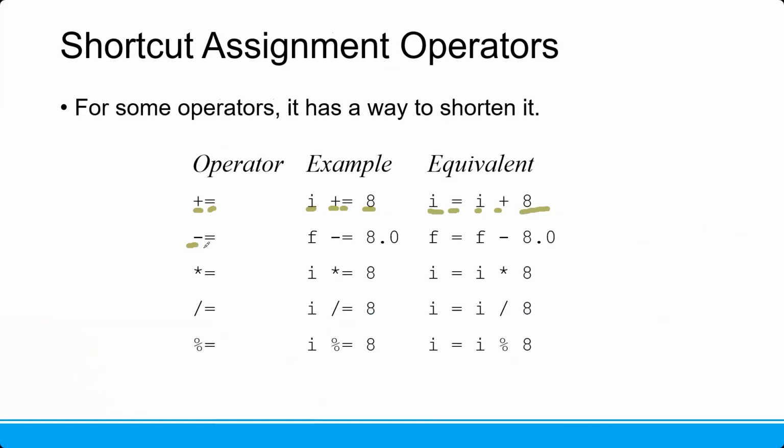If we have minus equal, this statement means f equals f minus 8.0. The same with this one, and this one. So we just change the mathematical operations. We call this a shortcut.